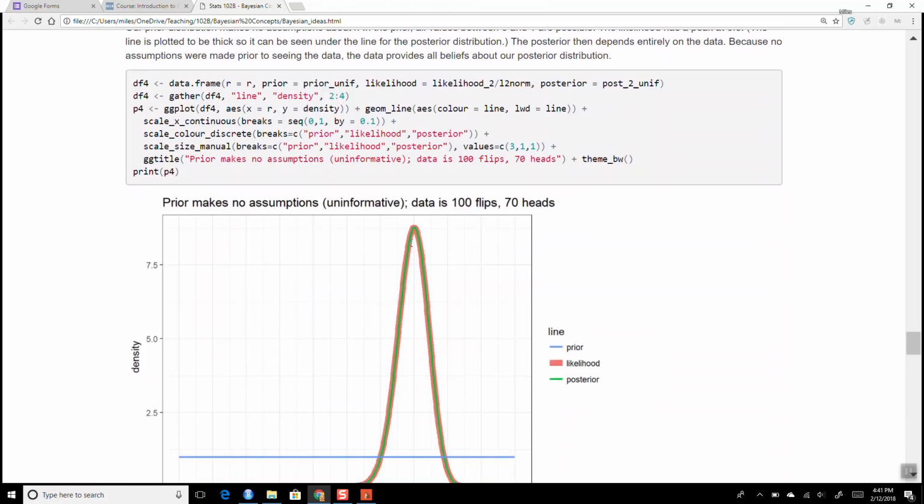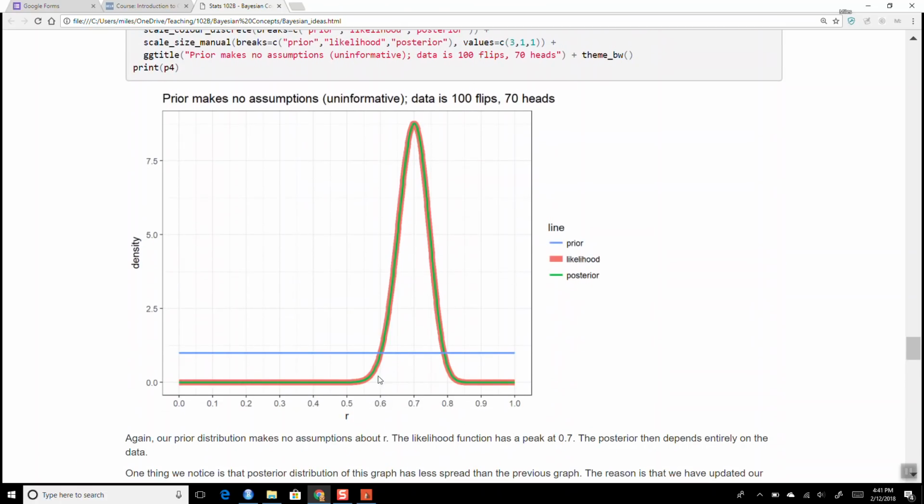Okay? And we have the exact same thing happening here. Again, we make no assumptions about R. We have an uninformative prior, and so what happens in our likelihood determines everything we believe in the posterior, which is what we have here. Does that make sense?